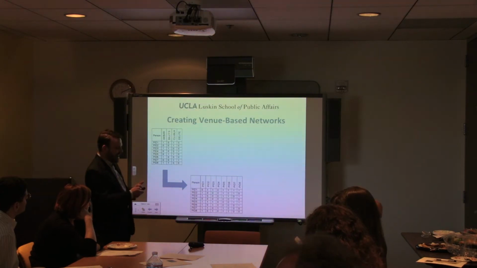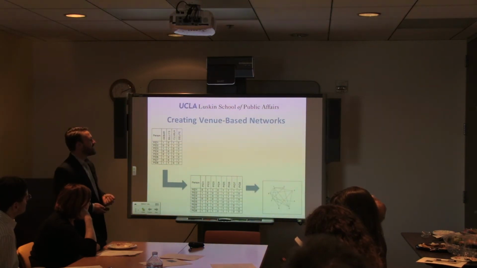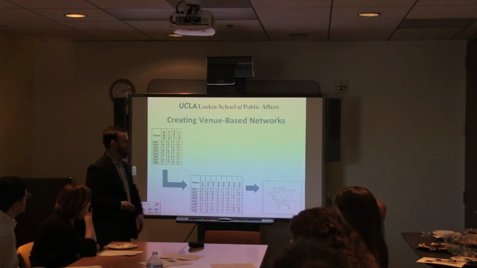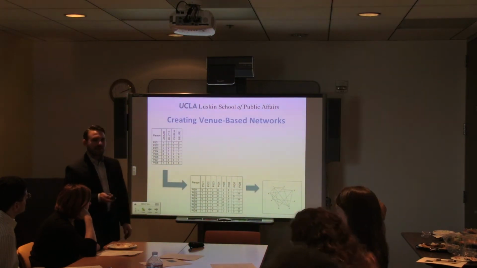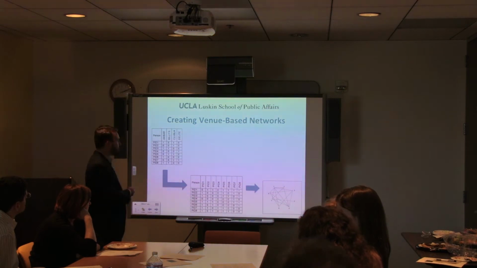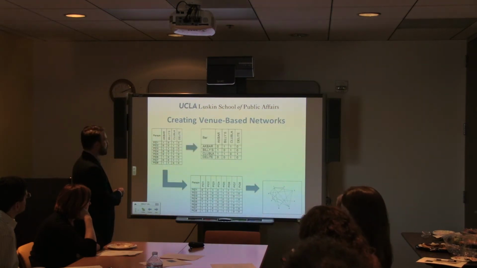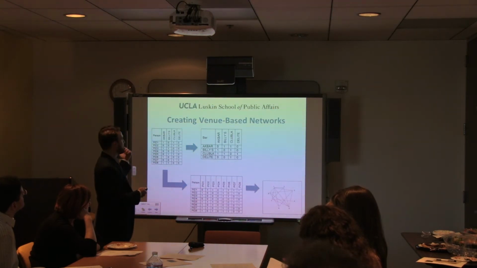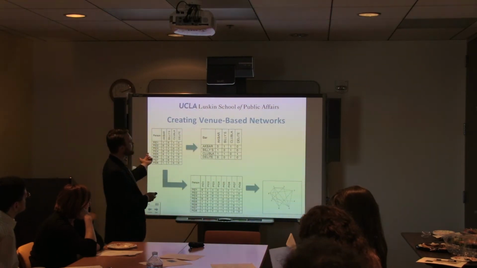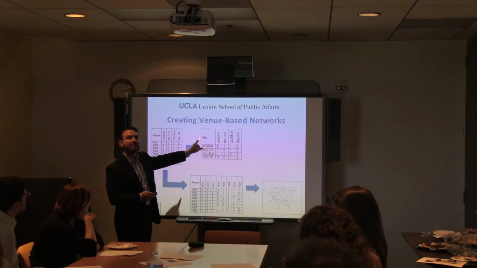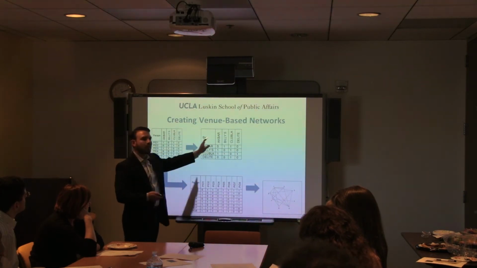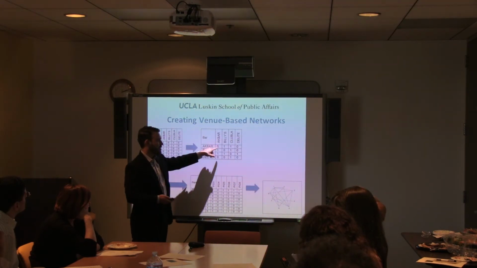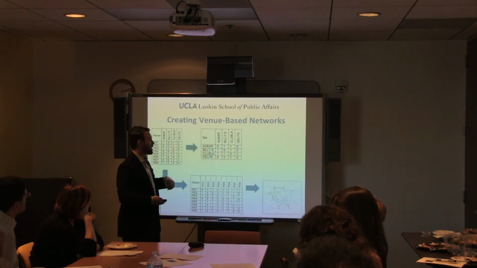So these are now connections with other individuals who share those social spaces, and this is what the resulting network in this little schematic might look like. The other type of network, the affiliation network, is created by reversing the order of the multiplication, multiplying the transpose by the original matrix, and then you get a venue-by-venue network. Venues on the rows, venues on the columns, and you have 1s in cells where venues are connected and 0s in cells where they're not.